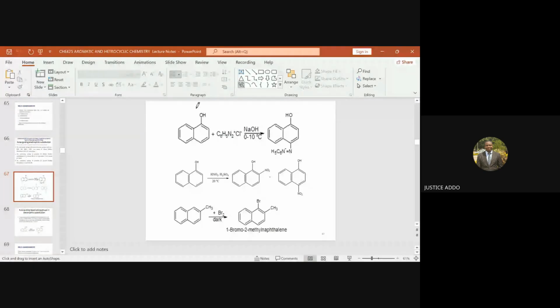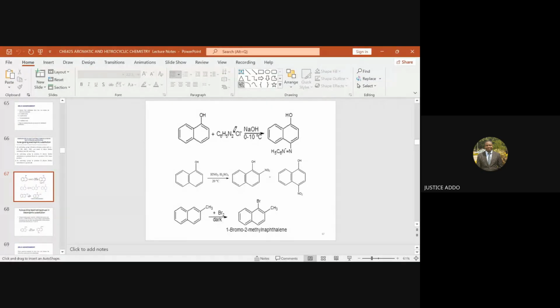If you are performing any reaction, whether it's nitration, halogenation, or Friedel-Crafts alkylation, then this OH will direct that incoming group to its ortho position here, that's position 2 or position 4. But when the group comes to position 4, that gives you a major product. If it comes to position 2, that will give you a minor product.